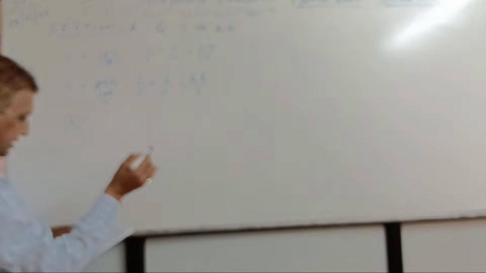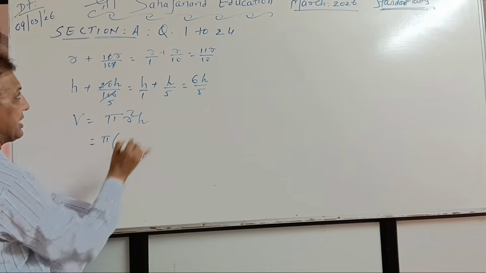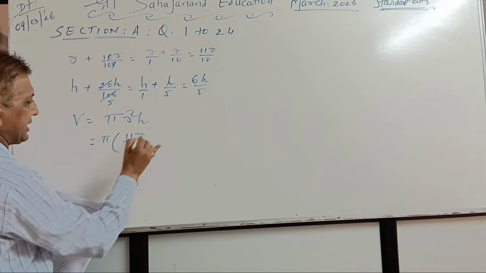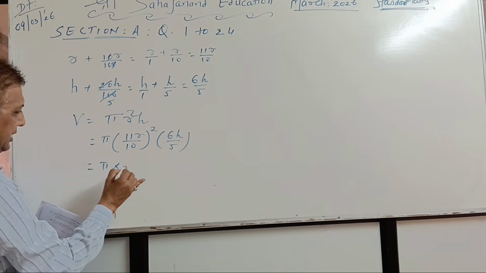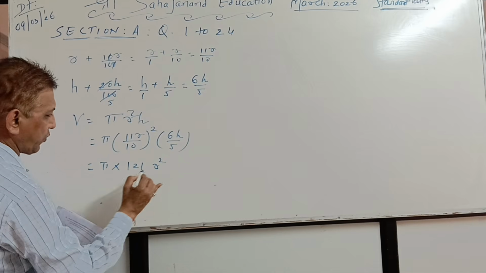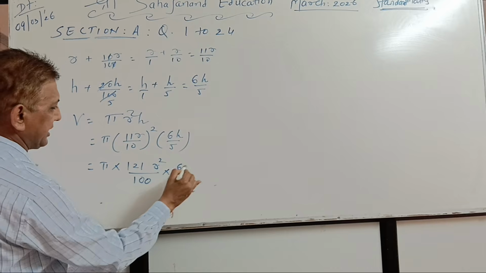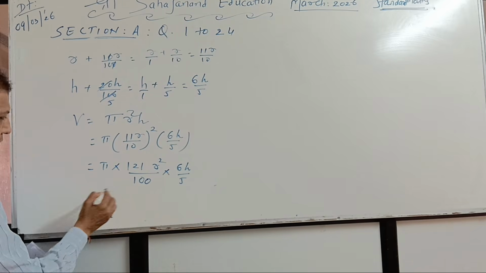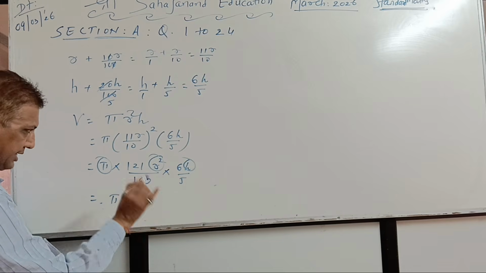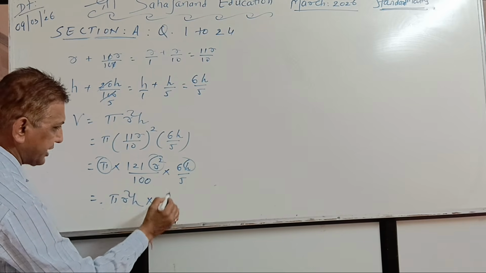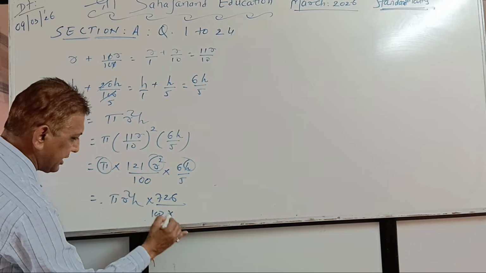So volume of cylinder, yeah, pi r square h, our original formula. Now take the radius 11 r upon 10, height 6h upon 5. So pi into 121 r square upon 100, right? 6h upon 5 as it is. Okay, now our original formula pi r square h. Now 121 into 6, 6 ones are 6, 12 6s are 72, upon 100 into 5.